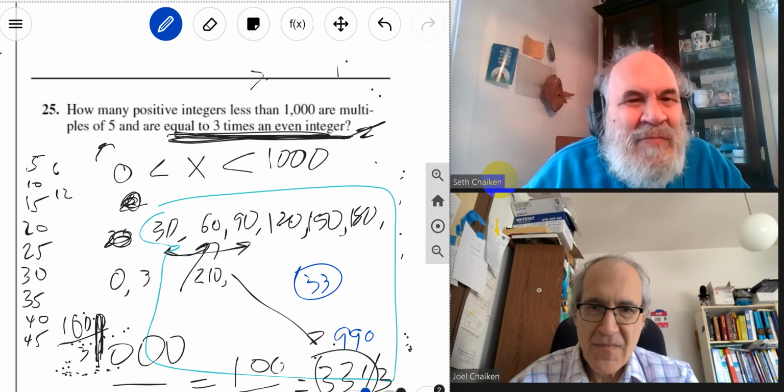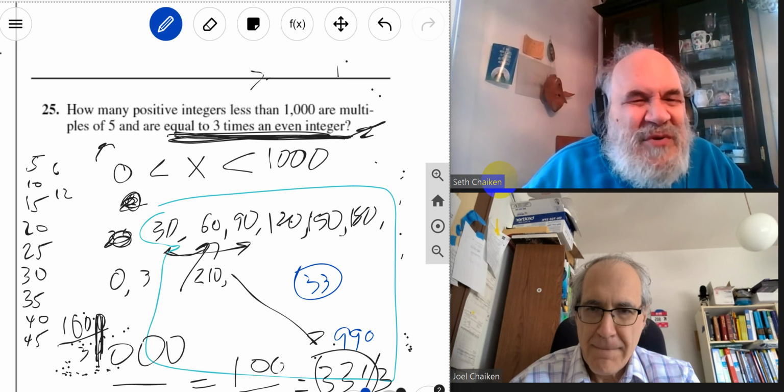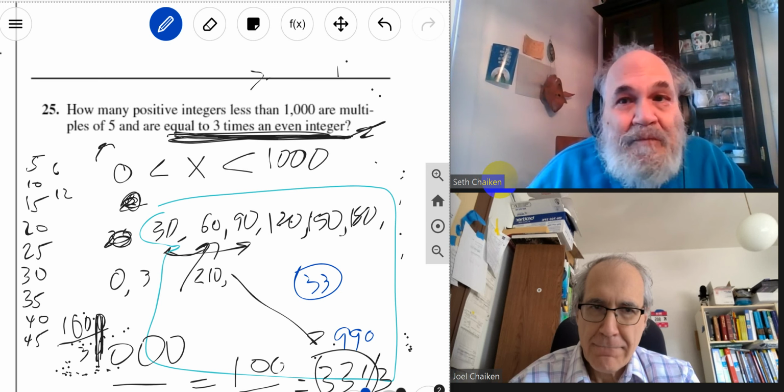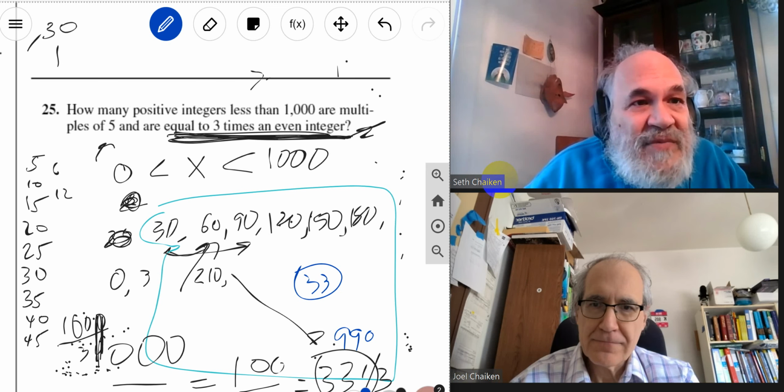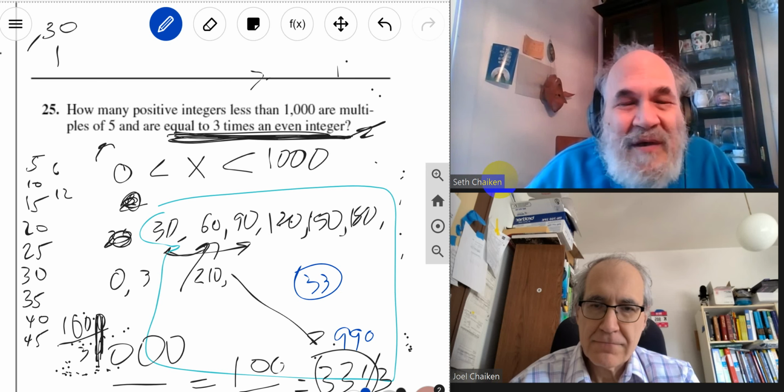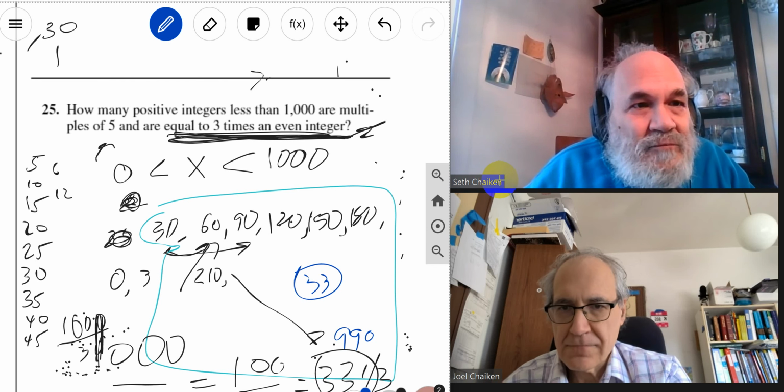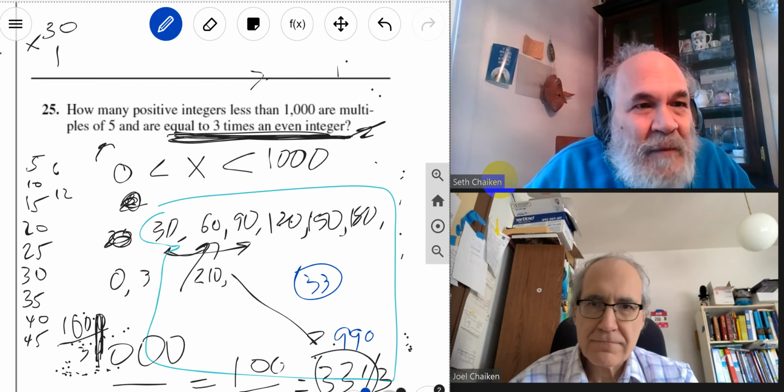Let's see if we do it another way. The first of the numbers that are multiples of 30 is 30. So that is 1 times 30 equals 30. 2 times 30 equals 60.